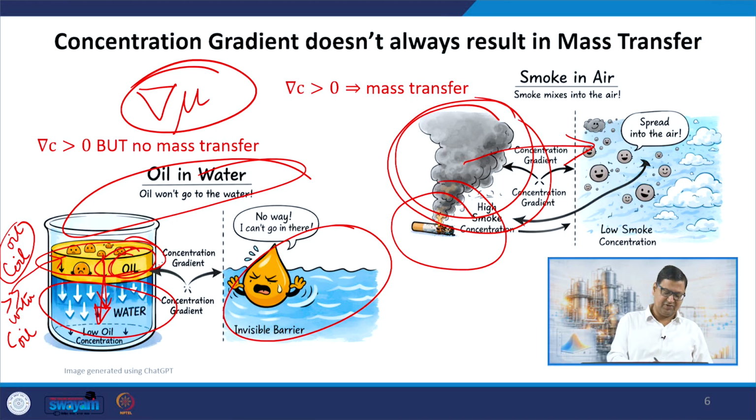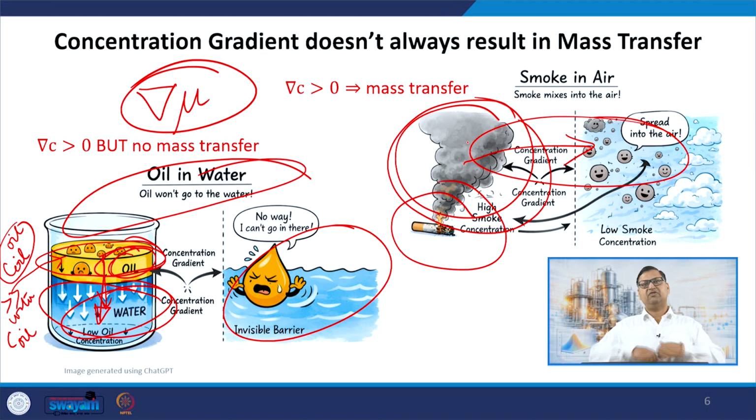Within the oil phase there is no gradient, within the water phase there is no gradient, and in here as well, eventually once the smoke fills the air, there is no concentration gradient, right.